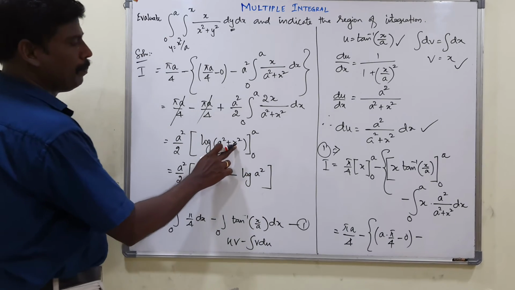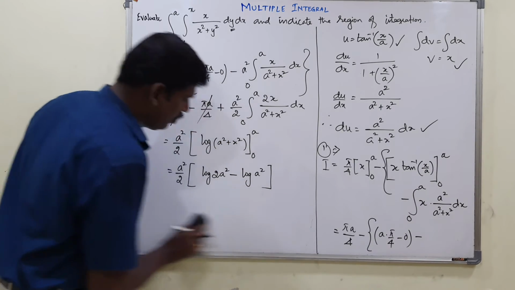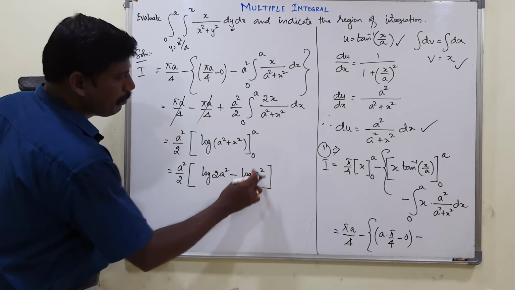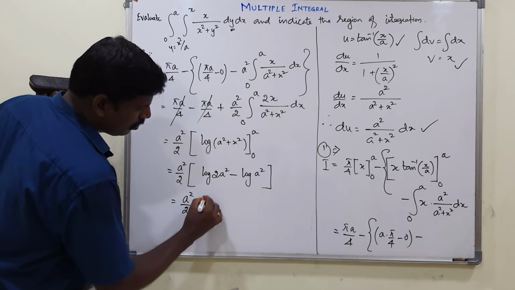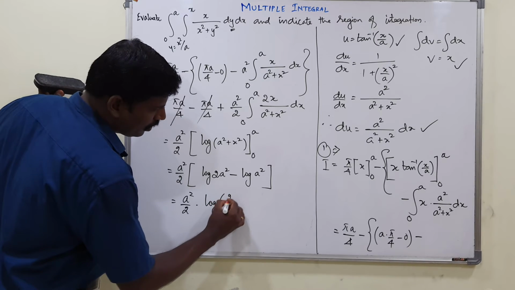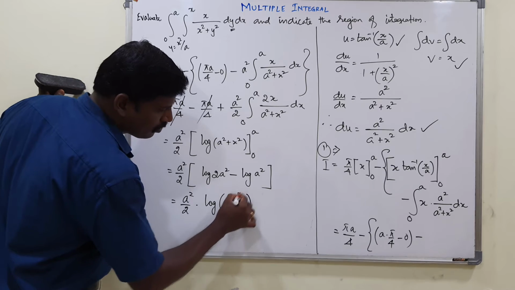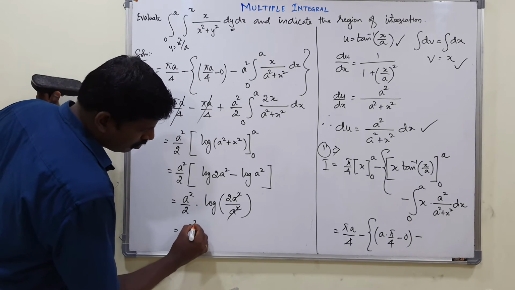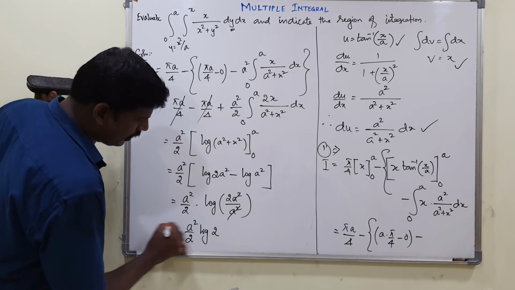Okay. By applying x equal to a and x equal to 0, upper limit minus lower limit. That's all. What is log a minus log b? That can be just log of a by b. We can cancel that a square with a square. That is equal to what? A square by 2 into log 2. So this is the integral value.